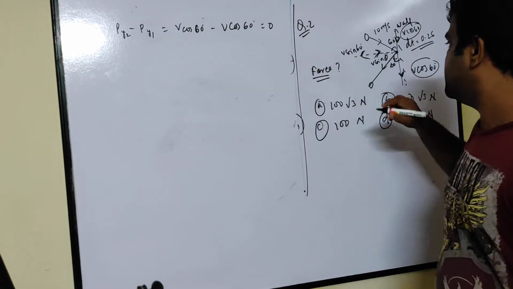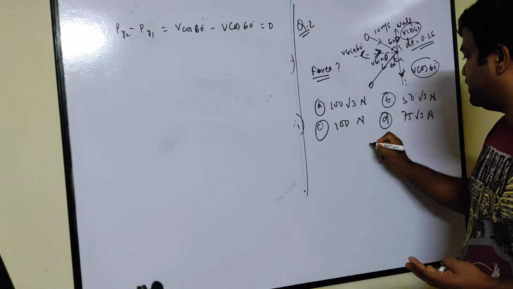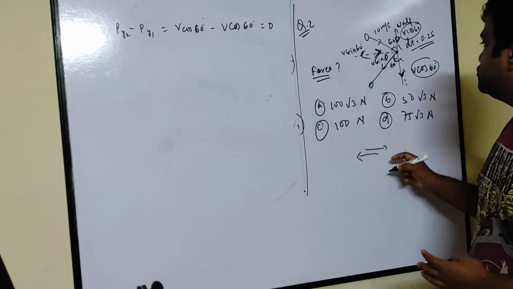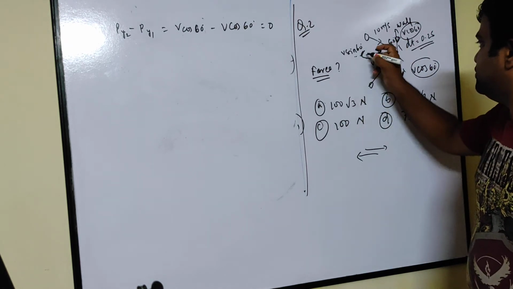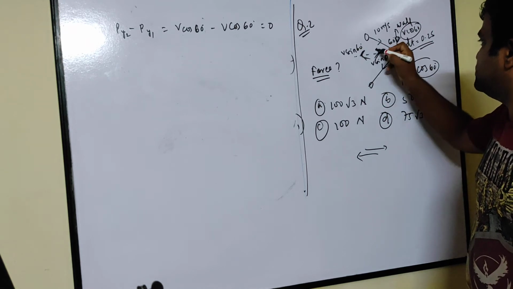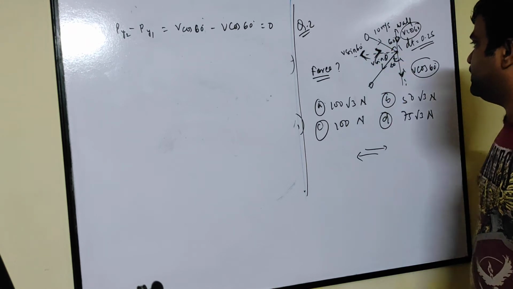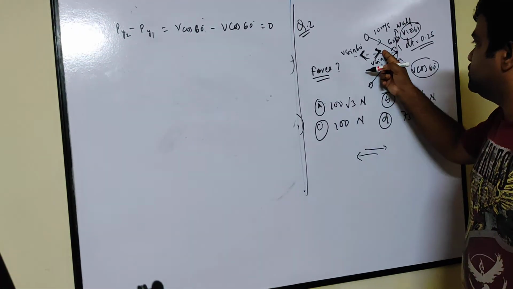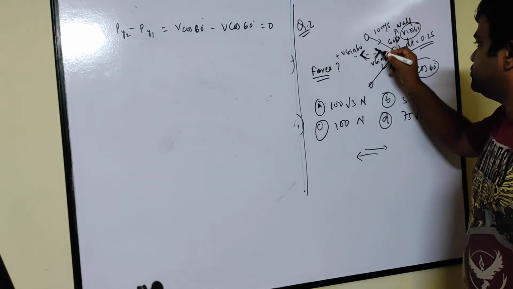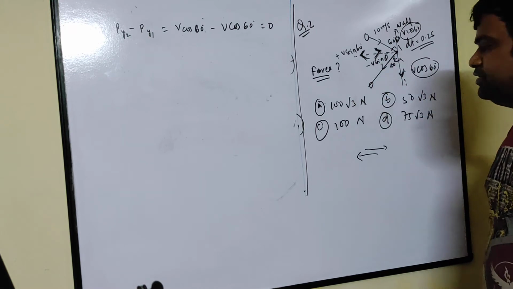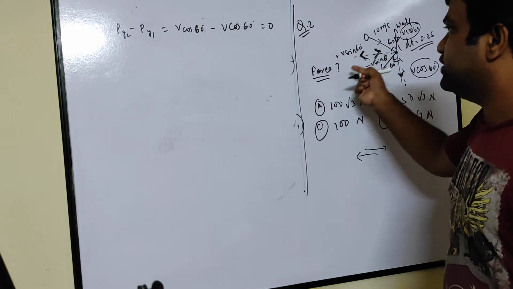Now what about the x direction? In the x direction, let's take a reference, because one vector is towards the right, another vector is to the left. So if I take this one as your final vector, and this as your initial one, then final minus initial, right? Suppose the final one is positive, then it is in the opposite direction, so the initial one you have to take as minus.